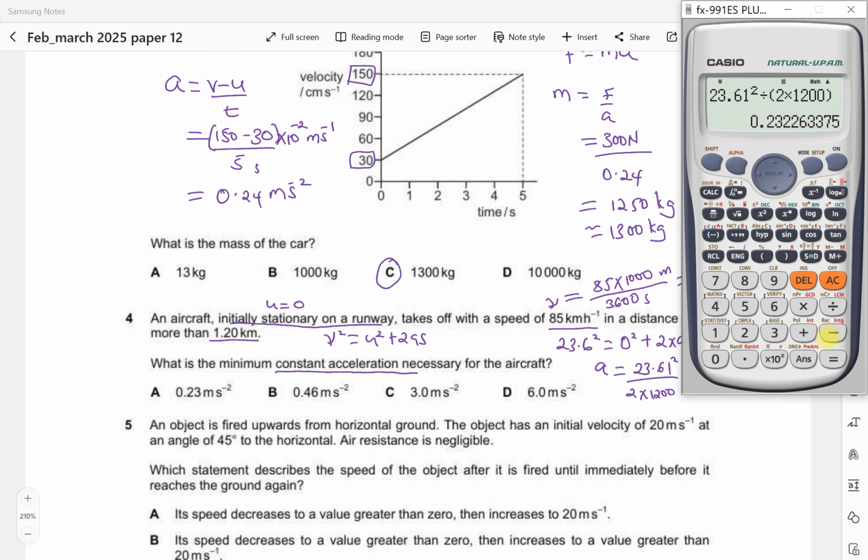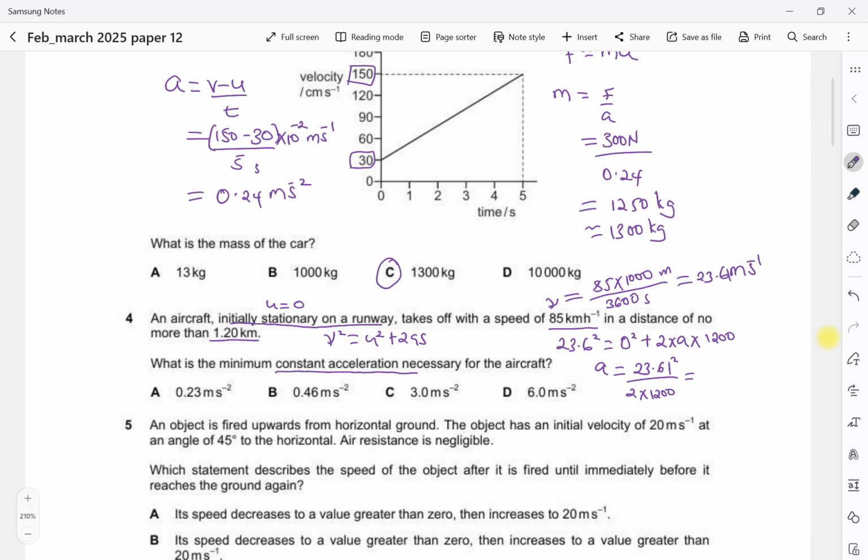So that is giving us 0.23. So the acceleration is 0.23 meters per second squared. So the answer is going to be A.